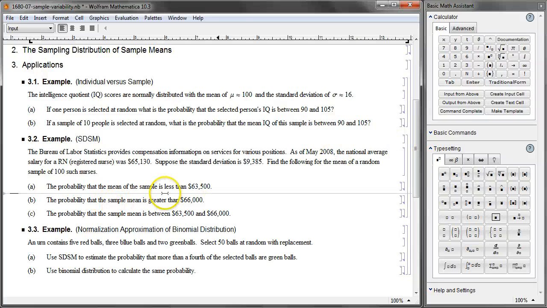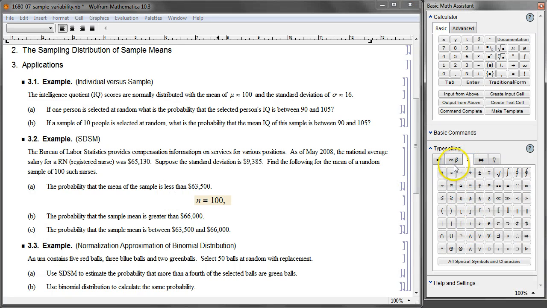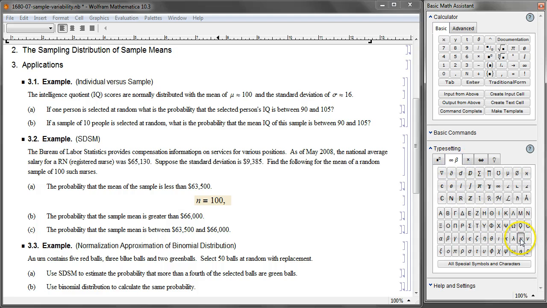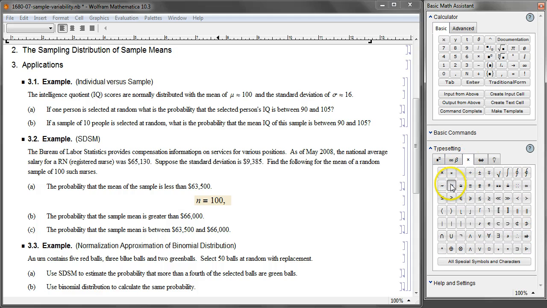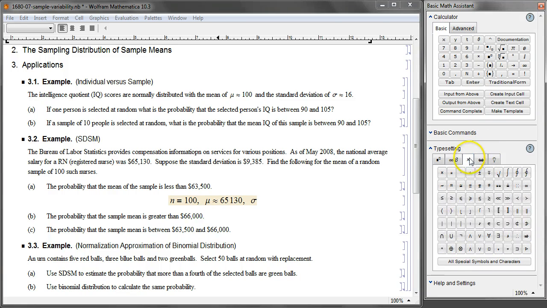Okay, we are looking for something like this. When n is 100, that's the sample size, the mean is about 65,130, and the standard deviation is about 9,385.